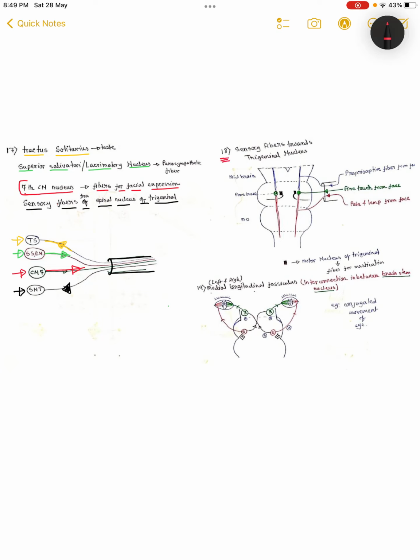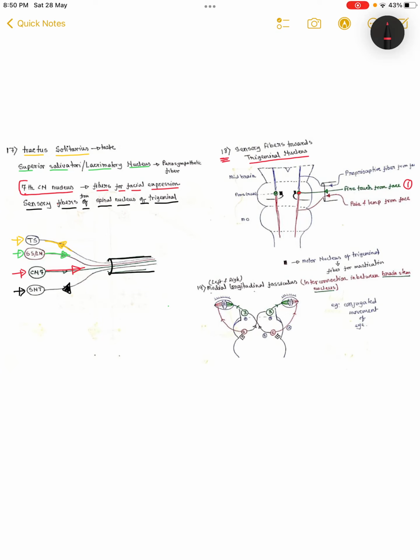So here we are going to talk about the trigeminal nucleus. Okay, so trigeminal nerve has 4 nuclei. Okay, so this is our first. This nucleus, which receives fine touch, is known as the primary sensory nucleus of the trigeminal system.